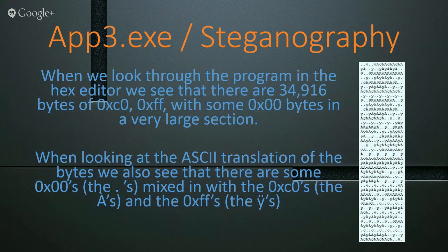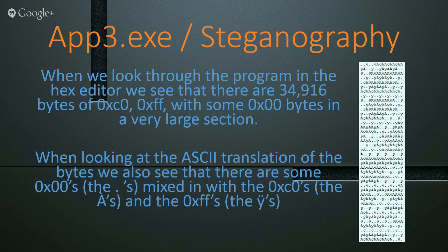Right. So when we look through the program in a hex editor, we see that there are 34,916 bytes of repeating C0 and FFs with some 00 bytes in between. And you can see I clipped a part of the hex editor right there.